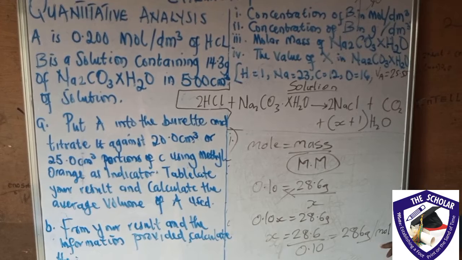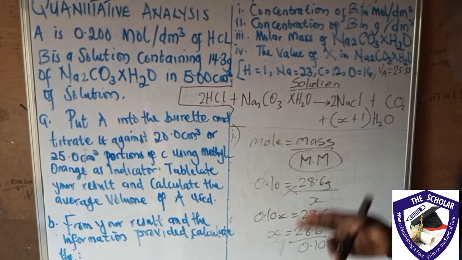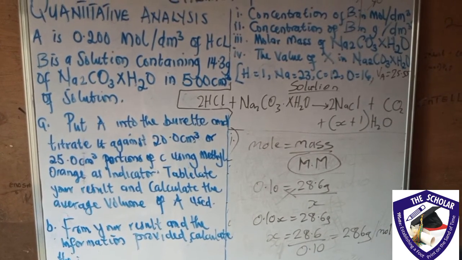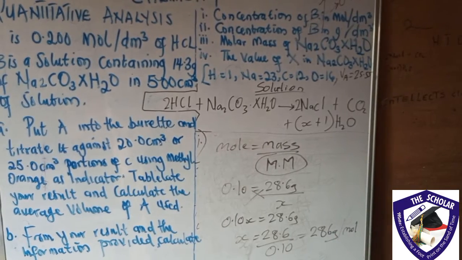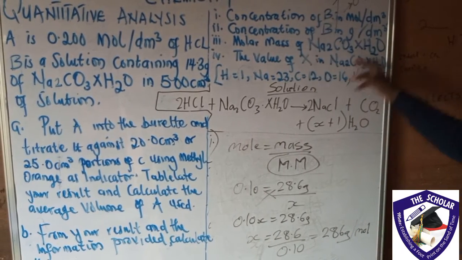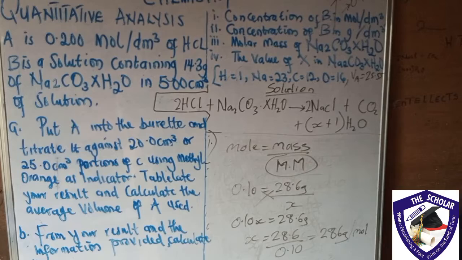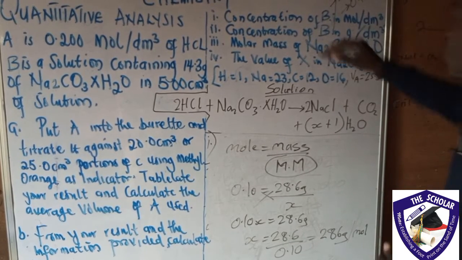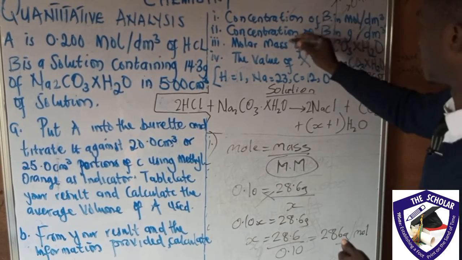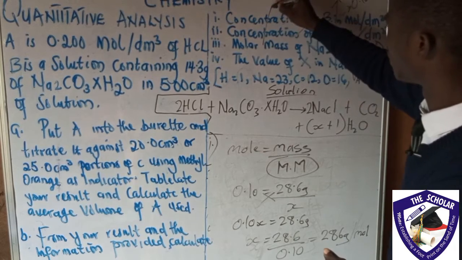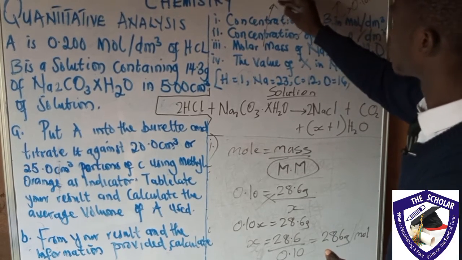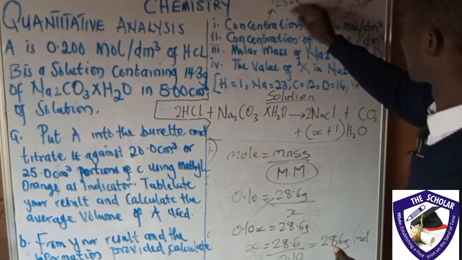Don't forget, your unit matters a lot. So the molar mass of Na2CO3.xH2O is 286 gram per mole. So we've been able to solve the second question. Now the third is what? 286 gram per mole.